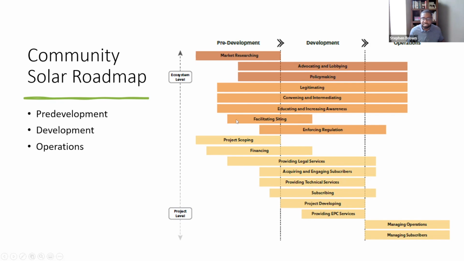Obviously, education is important, and regulatory and technical issues, where you really start to hone in at the development stage, get your financing secured, and then you go into the managing operations and managing subscribers phase of the project.